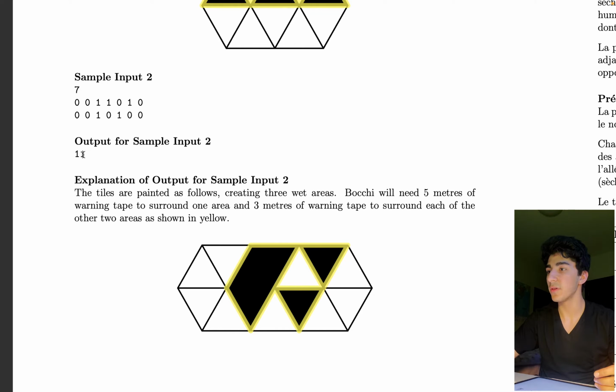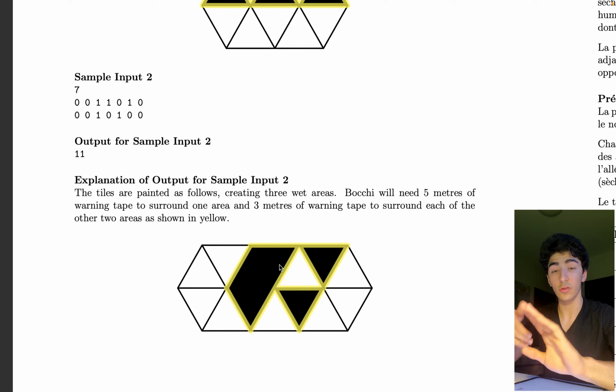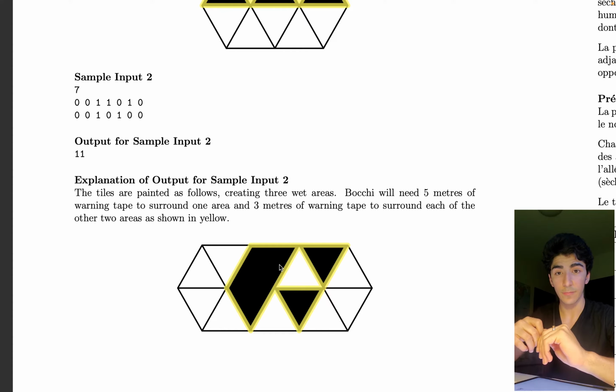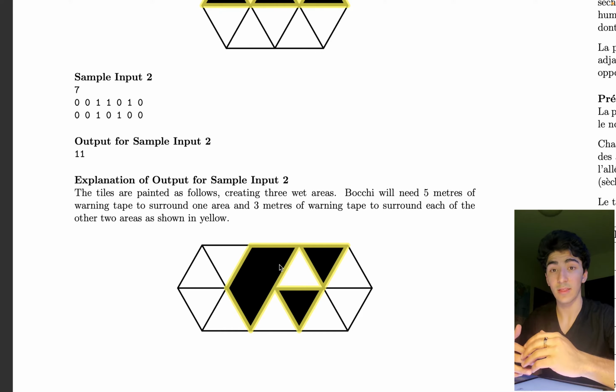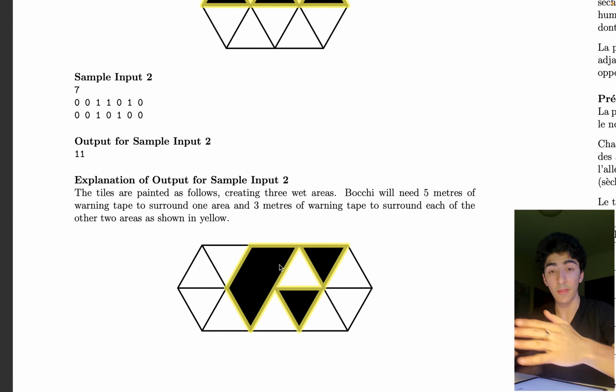However, we see that the correct output is only 11. So why is that? Well, as we can see here, these triangles that are horizontal to each other are touching. They're sharing a side. And since they are both wet, there is no need to put tape in between them.